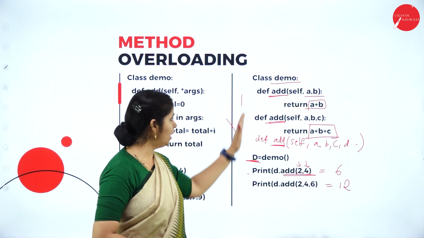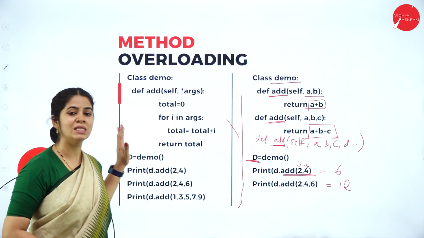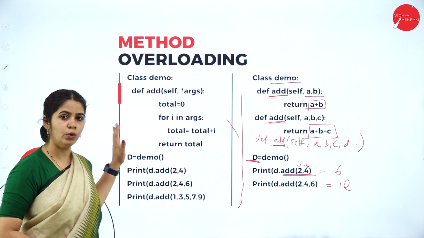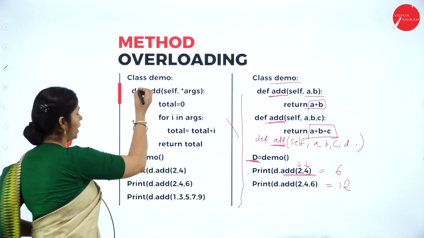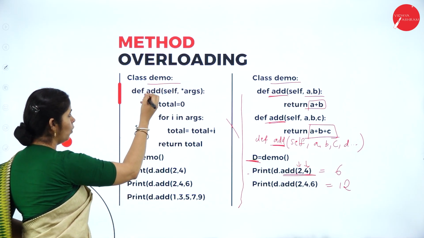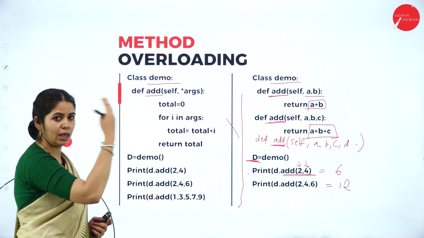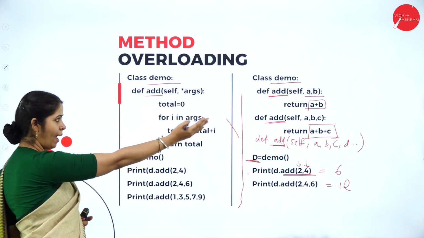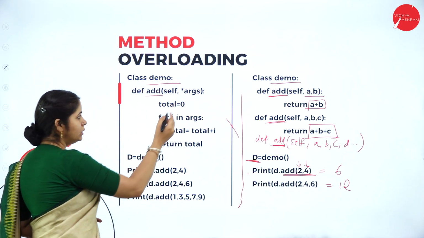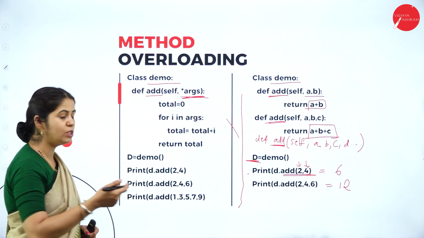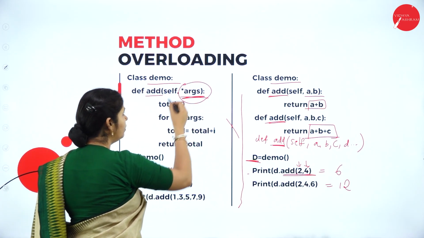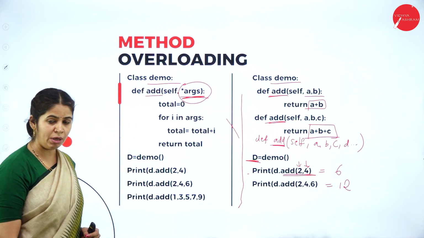In spite of writing this, Python provides a very simple way of doing the same, right? What we are doing here, we have created the same class, Demo. We are creating the same method as in the previous example, the add method. Instead of putting restrictions on the arguments, we are taking flexible or dynamic arguments here.